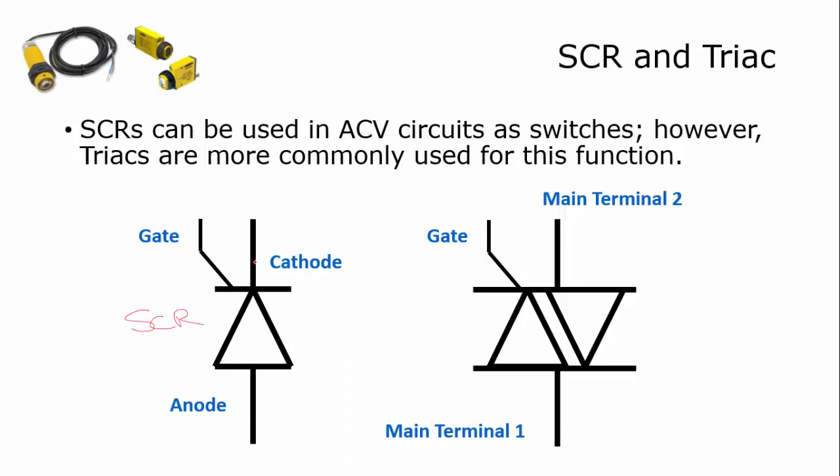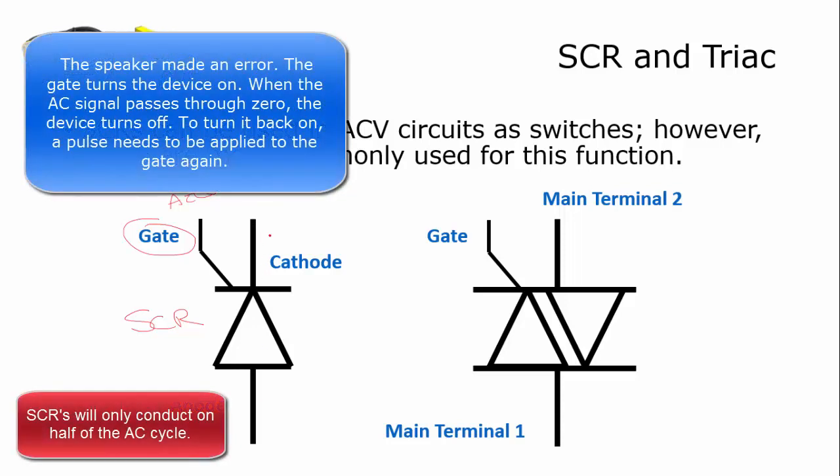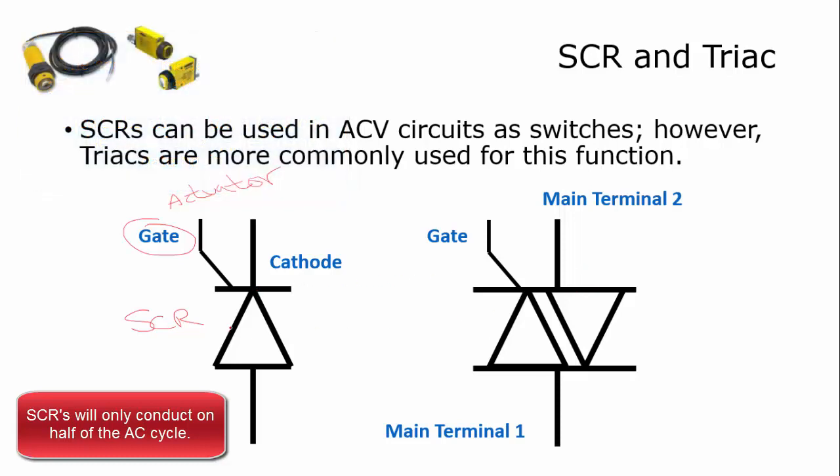It has an anode and a cathode, but here it has a third lead called a gate. And this gate is the actuator. So when you put a voltage on the gate, I can turn this device on and off.